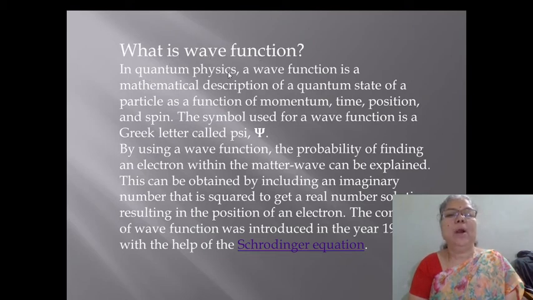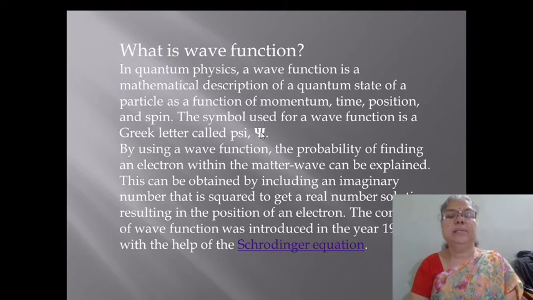In quantum physics, a wave function is a mathematical description of a quantum state of a particle as a function of momentum, time, position and spin. The symbol used for a wave function is the Greek letter psi, and it is represented like this.